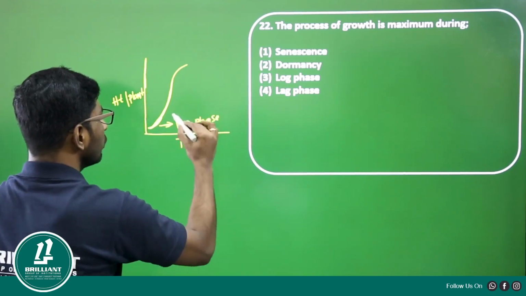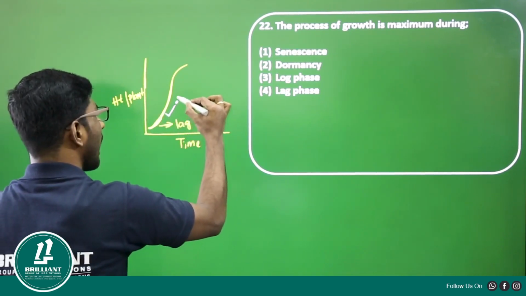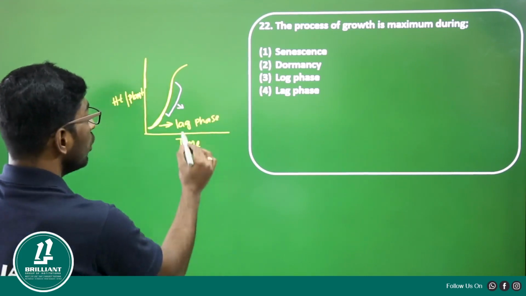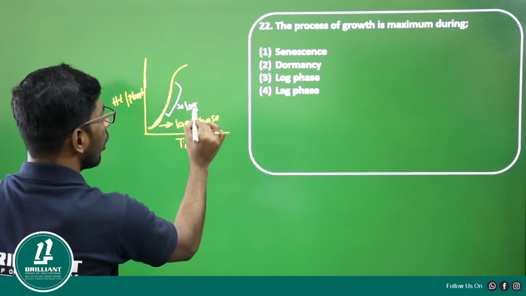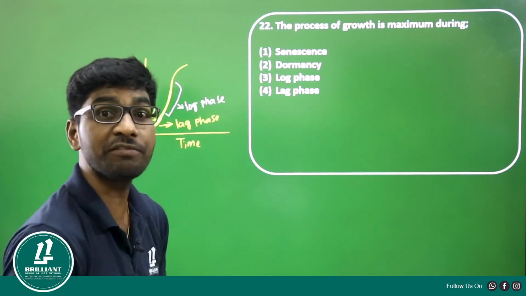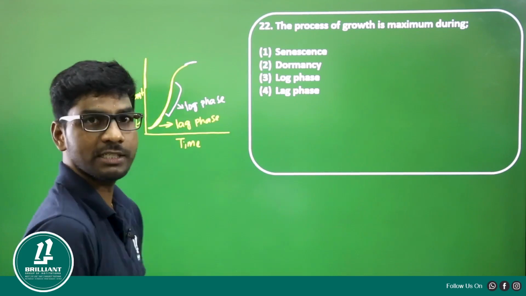Where the growth increases and the growth rate is high, this curve is known as the log phase. The log phase is also known as the exponential phase. And finally, it is a steady phase.